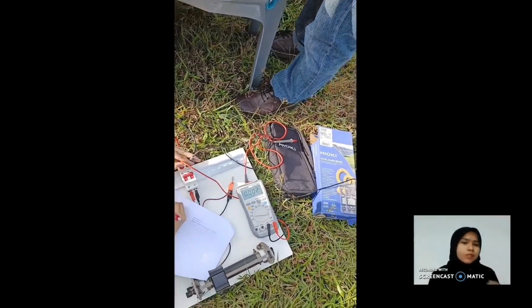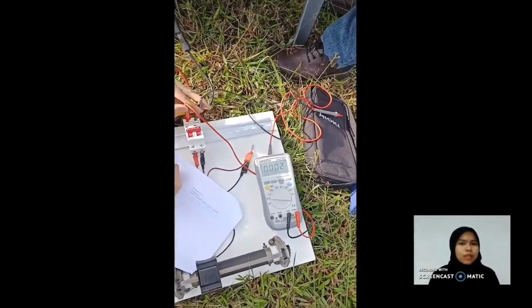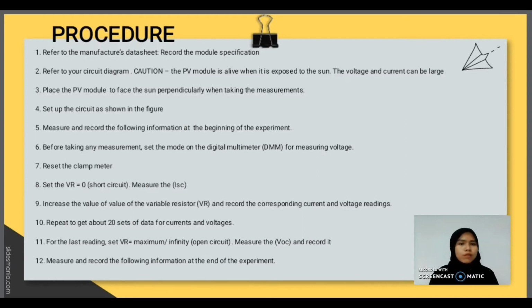Then we need to repeat all the previous steps to get about 20 sets of data for current and voltage. For the last reading, set the variable resistor to maximum or infinity. This is for the open circuit. Measure the VOC and record the data. For the last step, measure and record the following information at the end of the experiment.